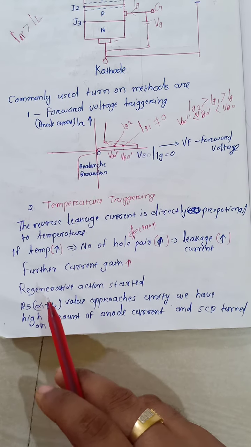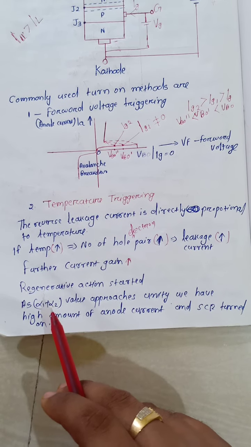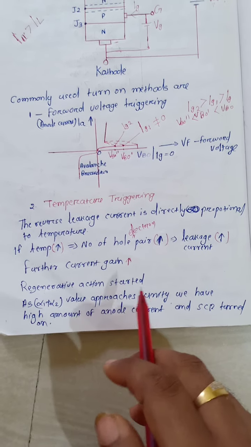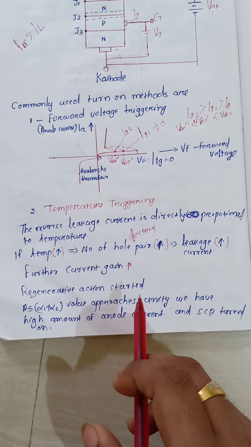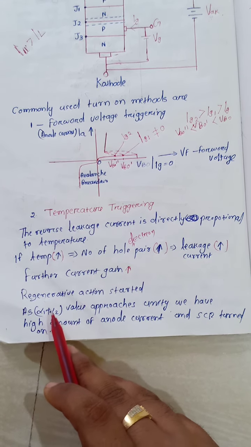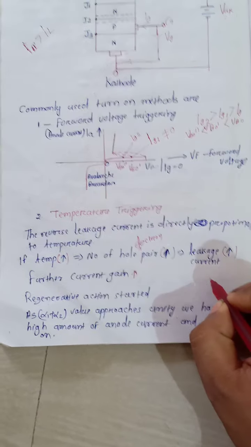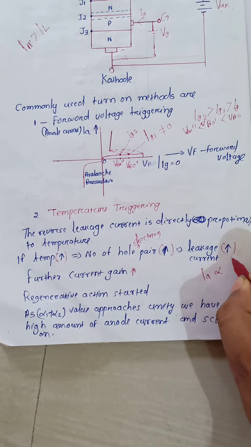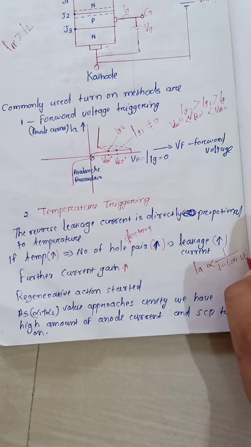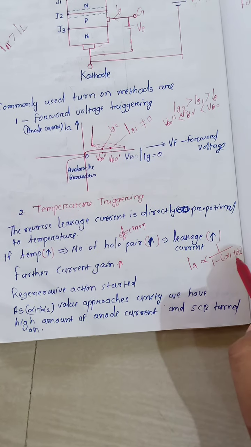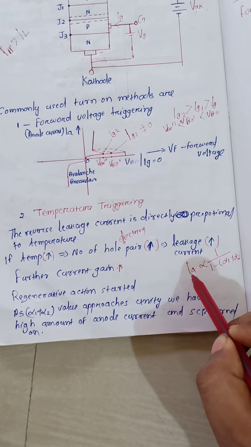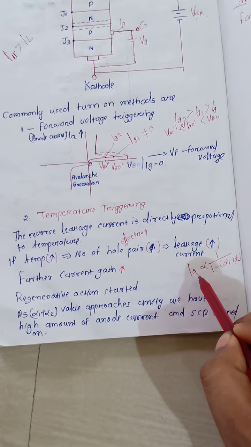Due to this, the summation of alpha 1 and alpha 2 approaches unity. You already know from the equation that the anode current is proportional to 1 by 1 minus (alpha 1 plus alpha 2). So whenever alpha 1 plus alpha 2 is near unity, we will have a much higher anode current.